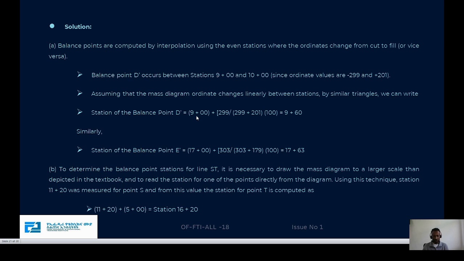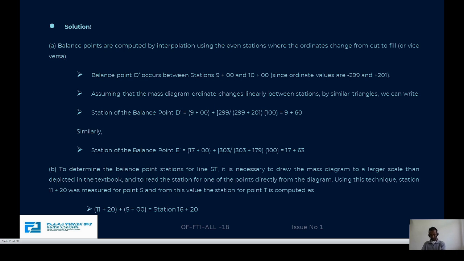The balance point is 9 plus 299 over 299 plus 201, times the distance between station 9 and 10, which is 100. So it is 9 plus 16.